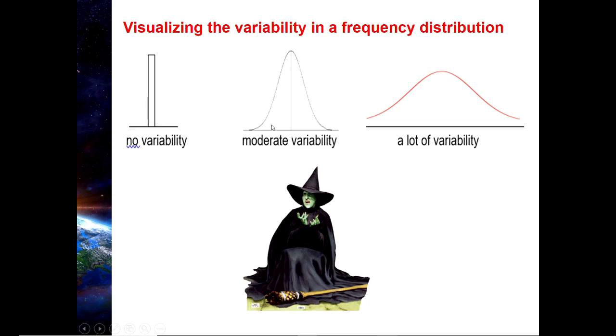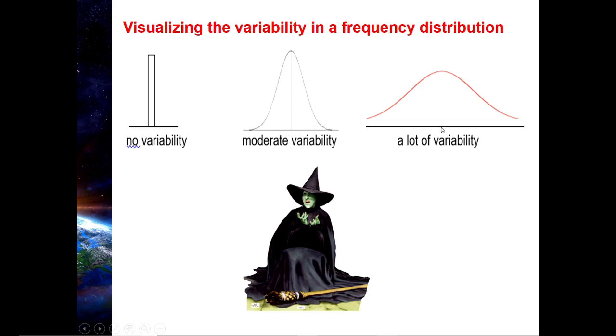Everybody scored the same. Now look at what's happening here. You see how we begin to see scores move away? No longer is it the case that everybody got the same score. We see some scoring below the mean and some scoring above the mean. The scores are becoming more dispersed, more variable.